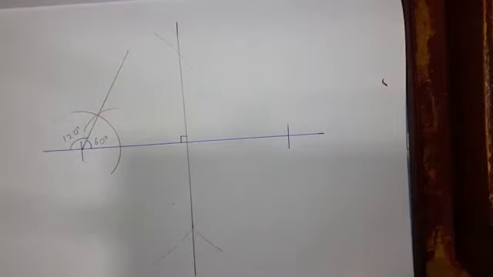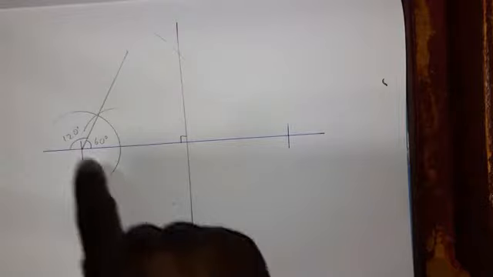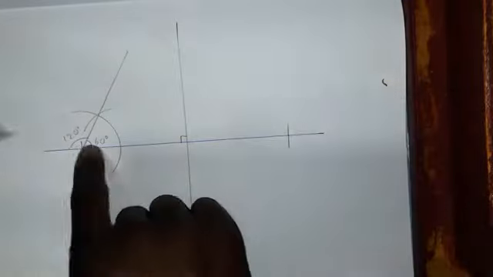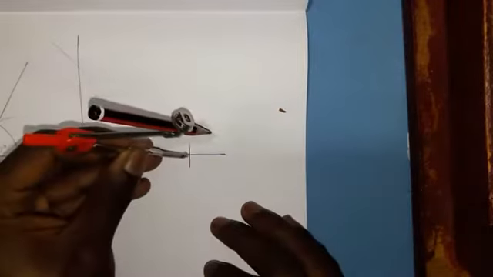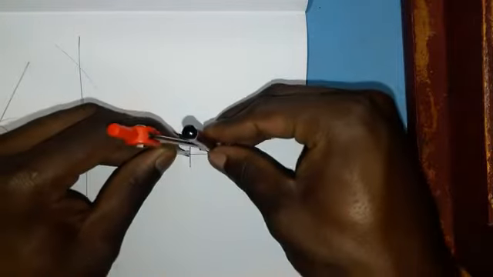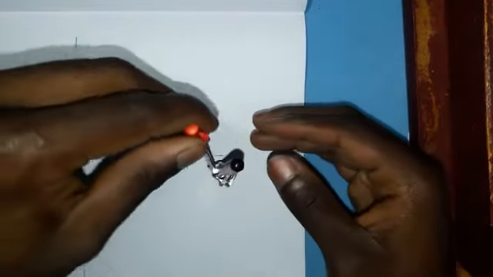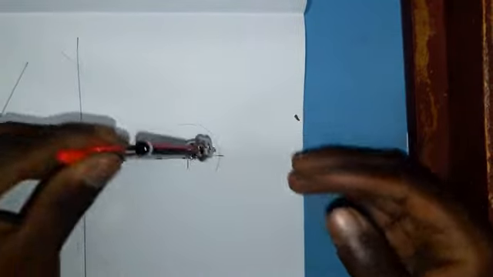Next, the one that they usually like to ask you is, for example, 75 degrees, 15 degrees, 135 degrees. How do you draw that? So basically, we begin by drawing 60 degrees here, but allow me to draw it on this side. So I'll have my circle of a convenient radius.